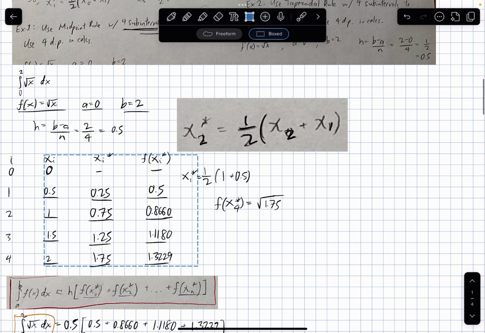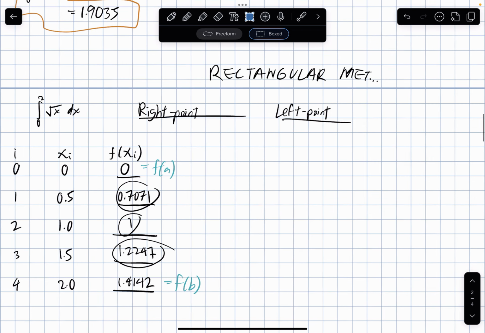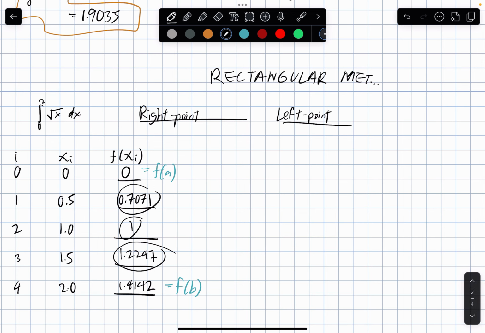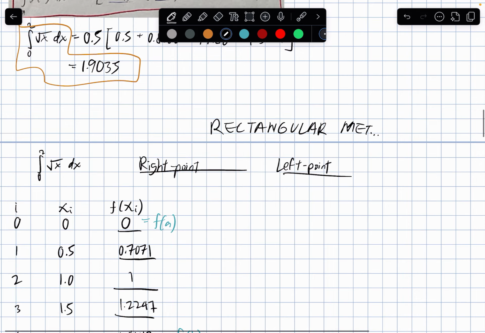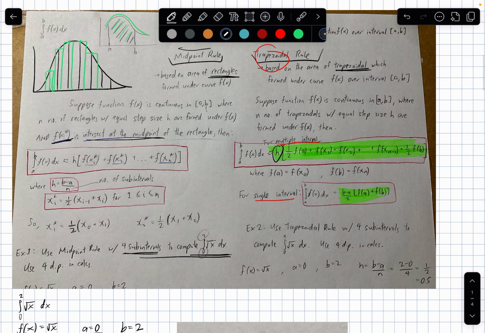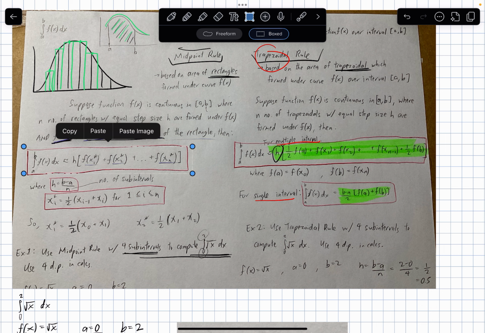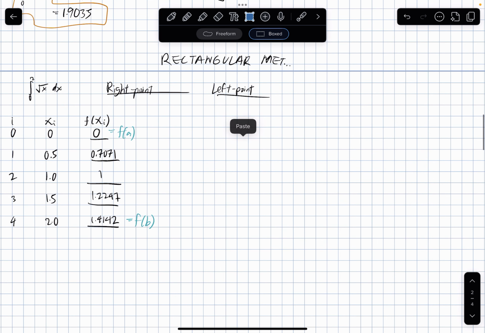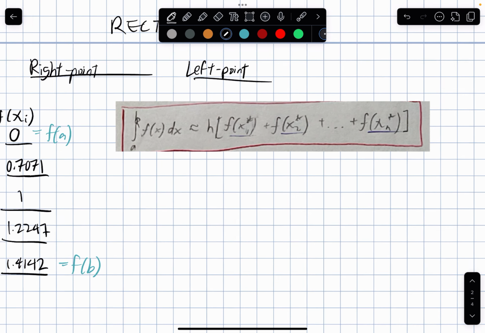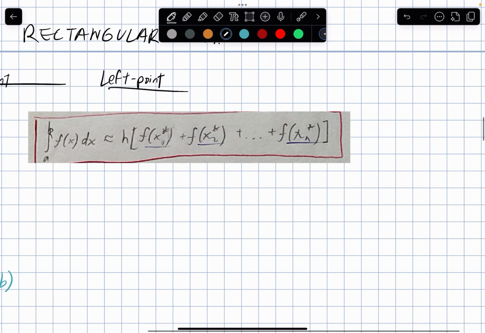We don't need these if our rectangular method is right point or left point. So wala tayo asterisk basically. So with that said, for right point, ang area natin, so diba this is for midpoint rule. Copy paste natin. So this is for midpoint.